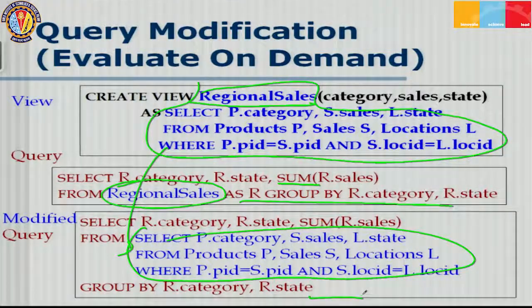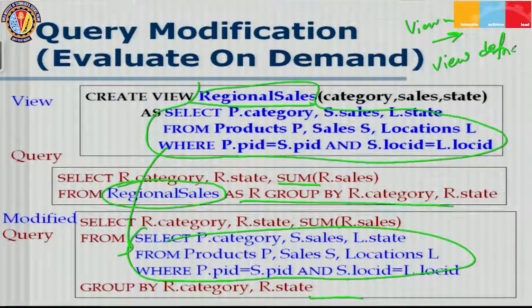This is known as query modification. So what modification is done? Basically the view name is replaced by its definition. That is the modification that is done by the system.